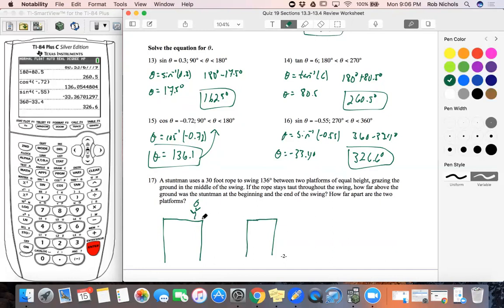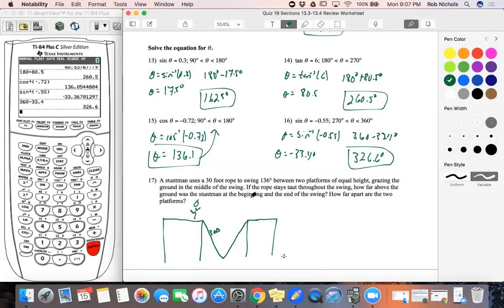He's going to graze the ground, touch it, and come back up, something like this, not quite realistic. And he's going to swing 136 degrees with a 30-foot rope. So I'm guessing this is 30 feet. It comes back up here.